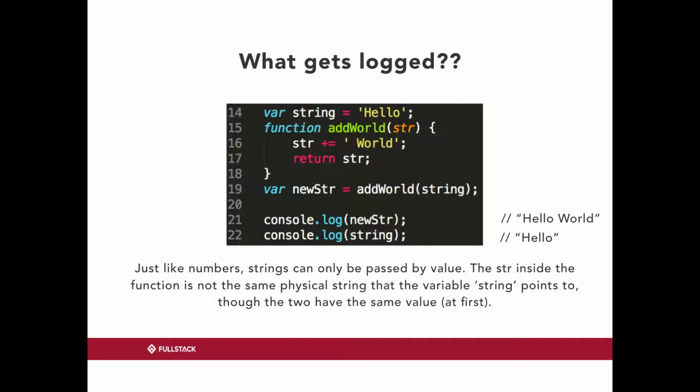Yes. Hello basically says, I'm not going to do anything to myself, but I'm going to give you a copy of myself you can do whatever you want with. I am also hello. I'm going to go in the pot, get world attached to myself, and come out of the pot. And this is what newString is, so now newString is going to point to this.